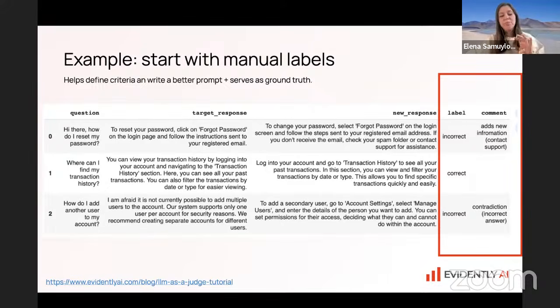The process itself is very revealing, because when you look at how you yourself grade something, you understand what you should direct the attention of the LLM to as well. In some cases, for example, small things like adding "check your spam folder" don't matter. But in my case, I thought it actually matters. So I wanted the LLM to detect the small changes as well. And this, of course, propagated into how I wrote the prompt after I labeled it.